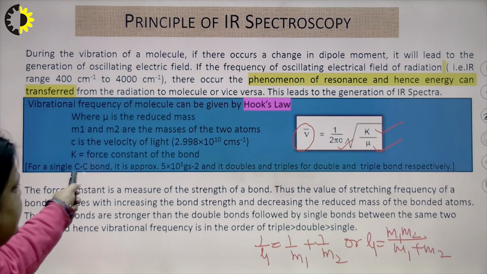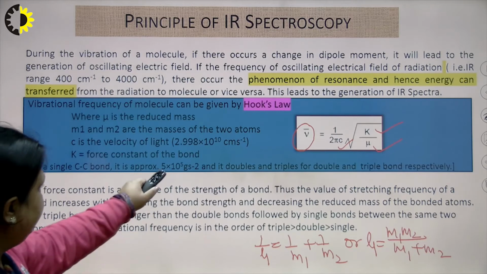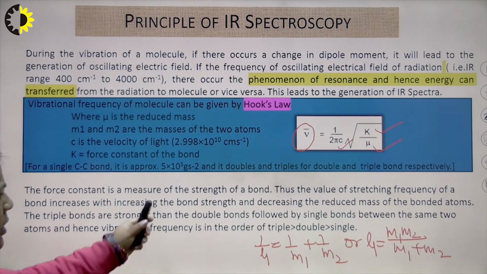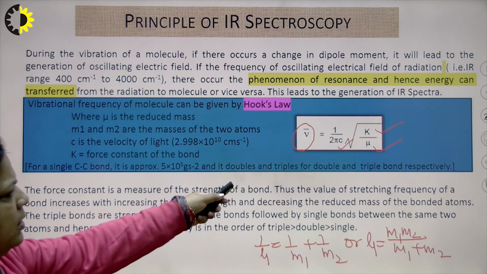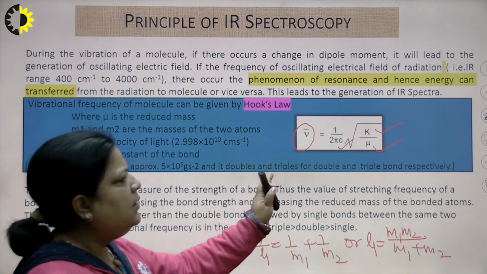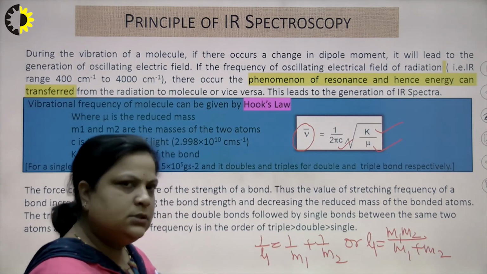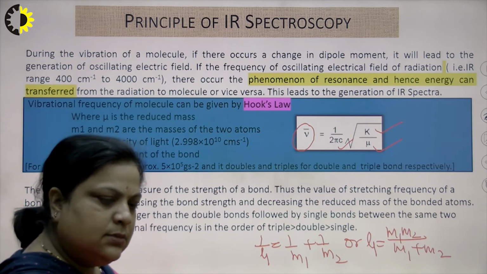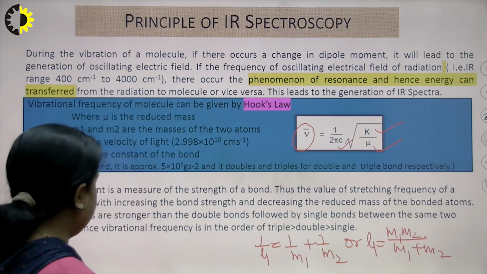For a single C-C bond, its k value is 5 into 10 to the power minus 5 with unit, and it basically doubles and triples for double and triple bonds. So, k is directly related to bond strength.